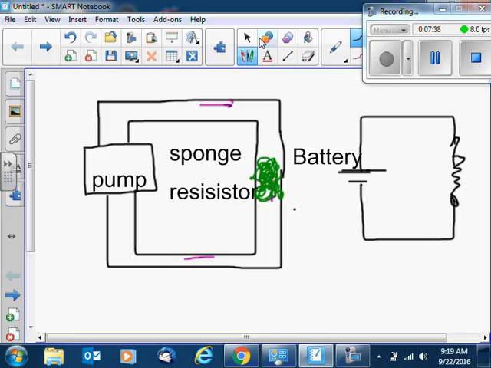Okay, it's really hard to draw. Give me 1 second. Okay, so I'm going to erase this and try again.